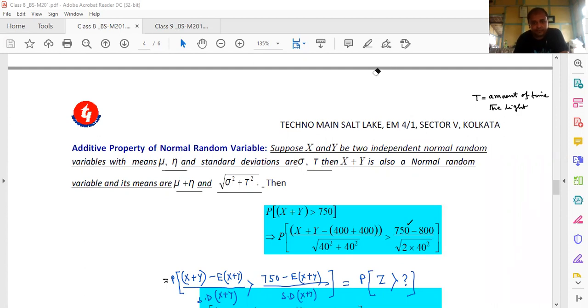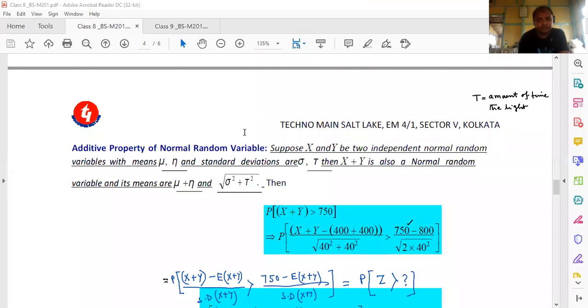Suppose capital X and capital Y are two independent normal random variables with means mu and eta. This expression is called eta, it is a Greek letter, and the standard deviations are sigma and tau. It is not capital T. I am writing it properly. Just a minute.